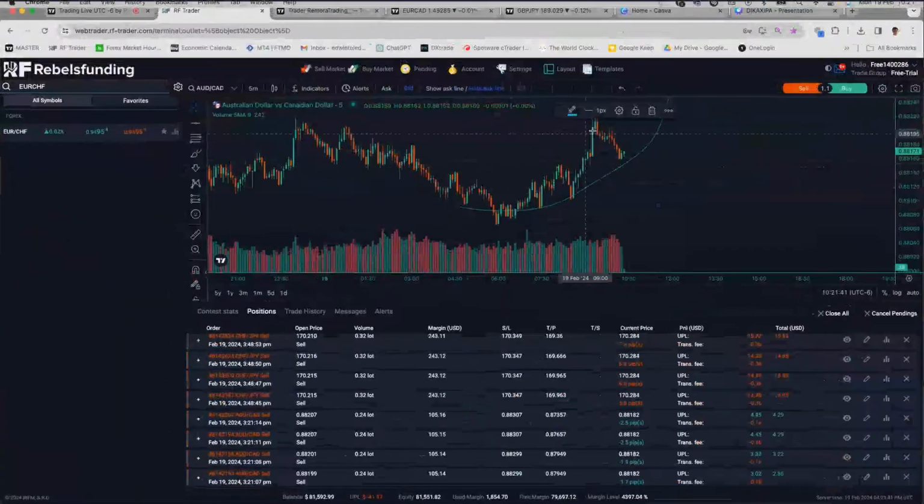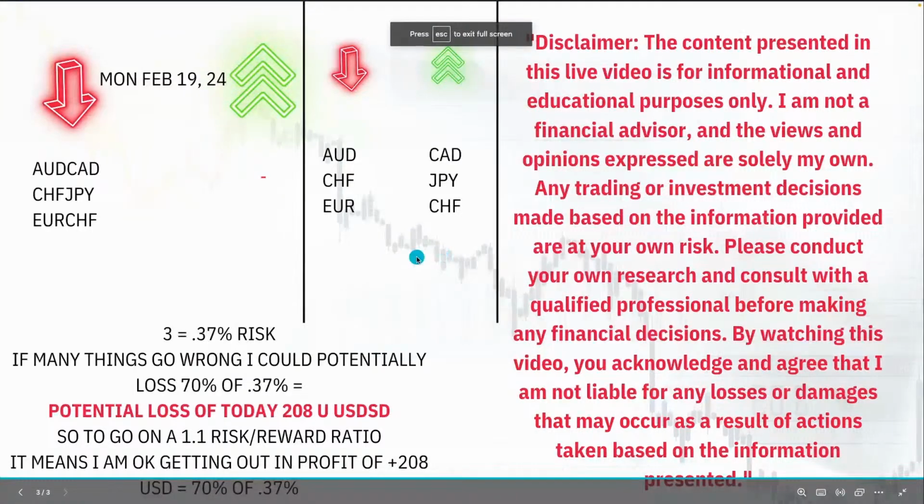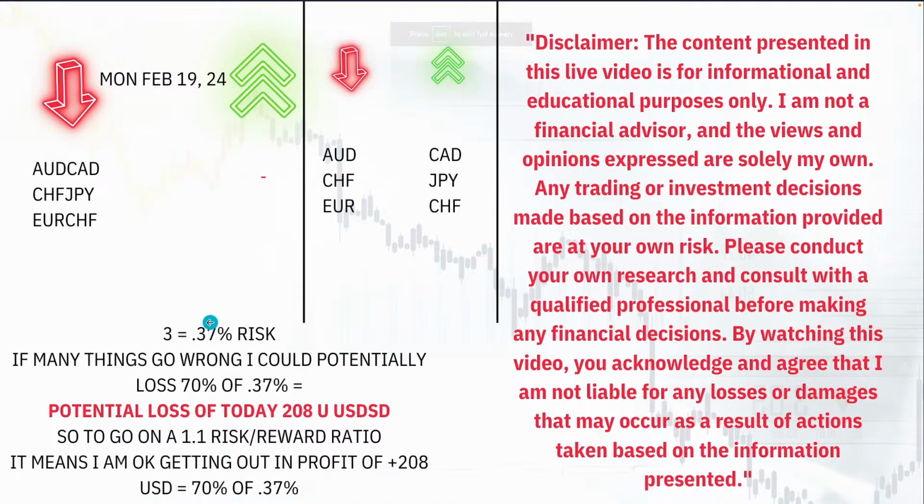So risking, today I'm risking 0.37% of my account. So if I were going to lose all my trades today, I would lose that. Well, usually I don't lose all of them, but because it's just three, I could lose all of them. The fewer the entries, the more probability to lose all of them.